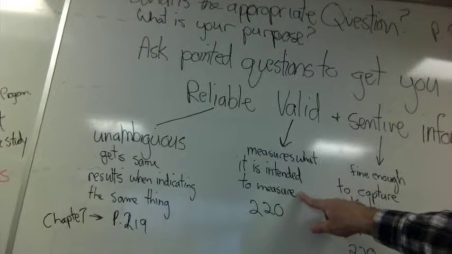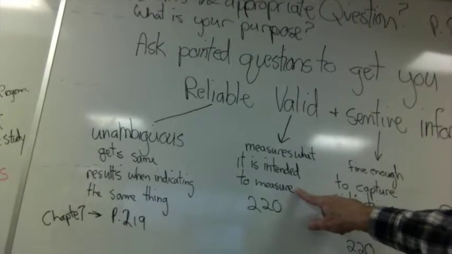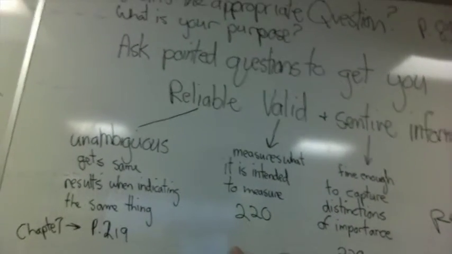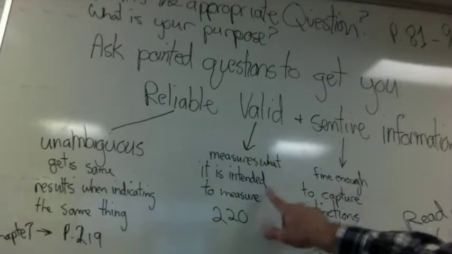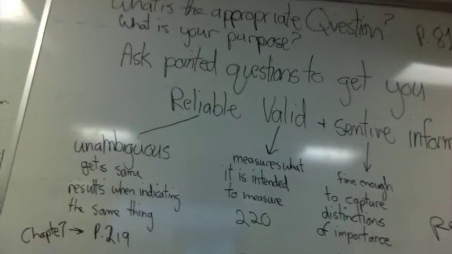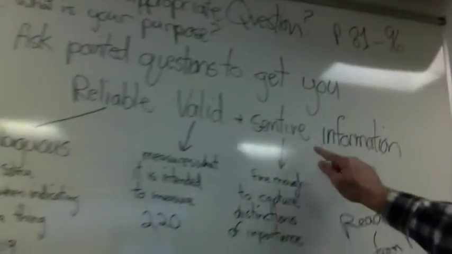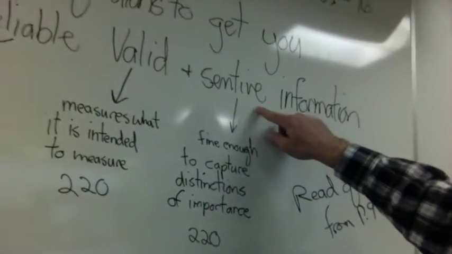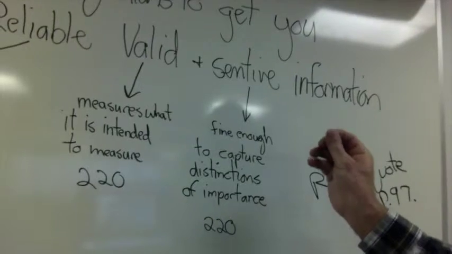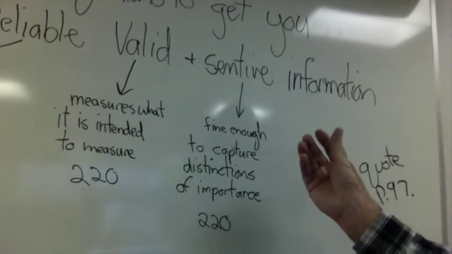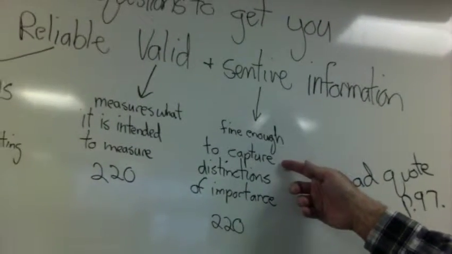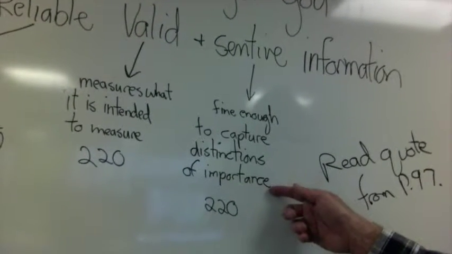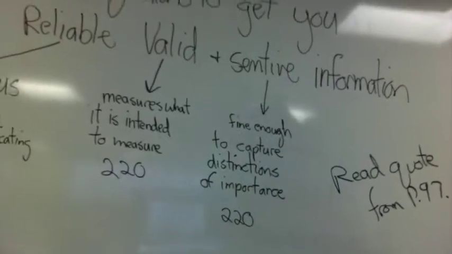If the guy says 5 on the measurement and you think 5 means he's really satisfied with X, you need to make sure that he's not really satisfied with Y. Okay? And then lastly, it needs to be sensitive. In other words, will the questions give you nuanced information that's fine enough to capture important distinctions? Okay? All right, so that's 220.